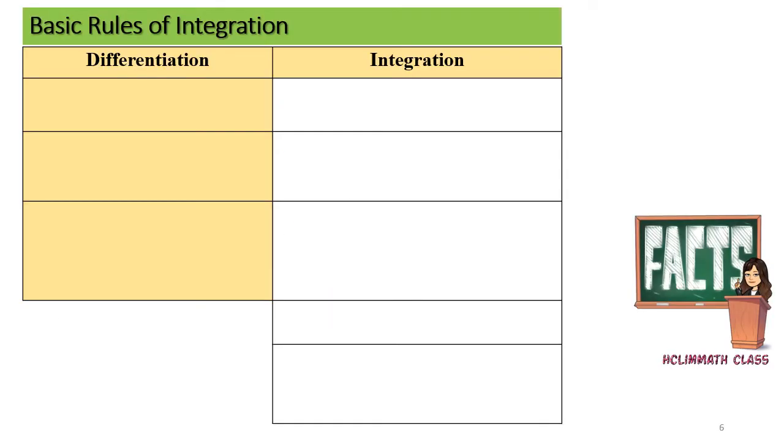So they are the reverse process. Here are some basic rules of integrations that you have to keep in your mind. The derivative of kx is k, therefore the integral of k with respect to dx is kx plus c. If we differentiate x to the power n plus 1, it is equivalent to n plus 1 multiplied by x to the power n.